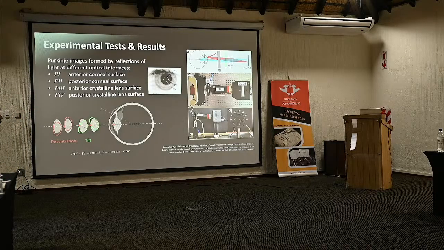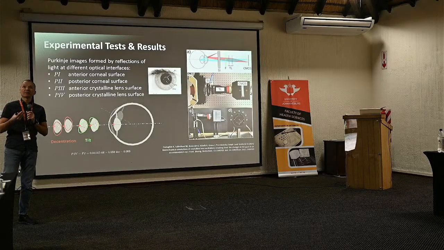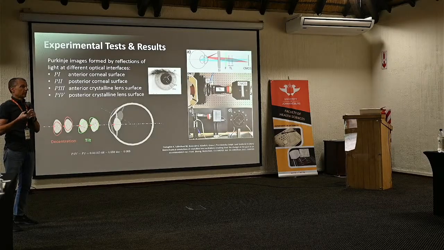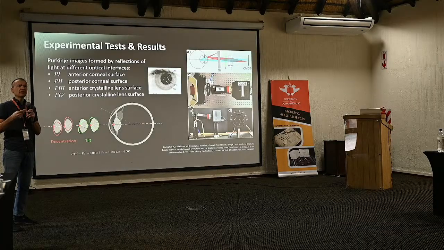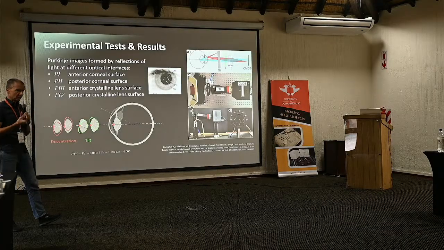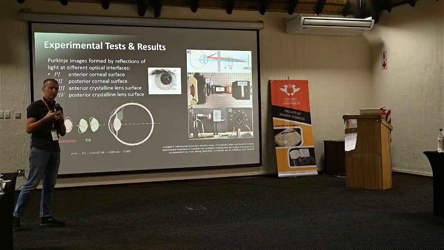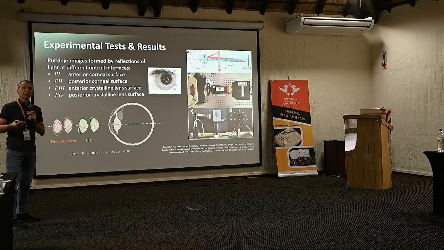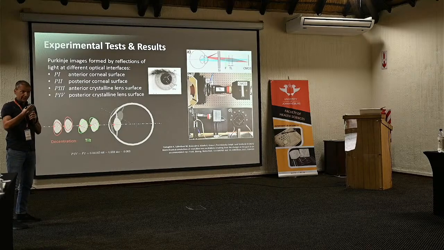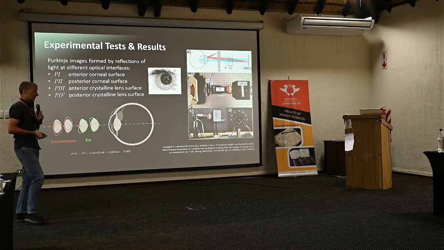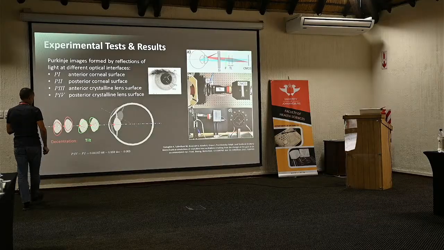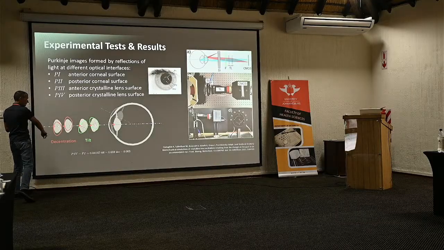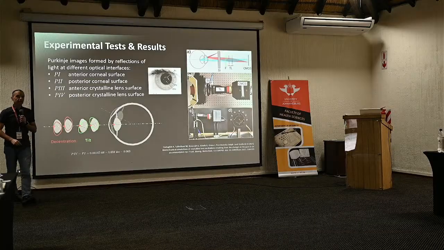Since we are looking at the reflections of these points, we need to be able to compare what we obtain from the biomechanical simulation to what we observe in the experimental setup. So my colleague performed a very nice optical simulation, and she obtained an expression written here in the slide.